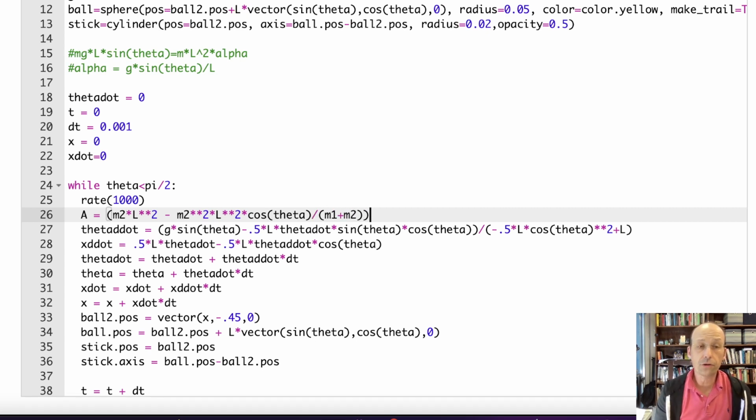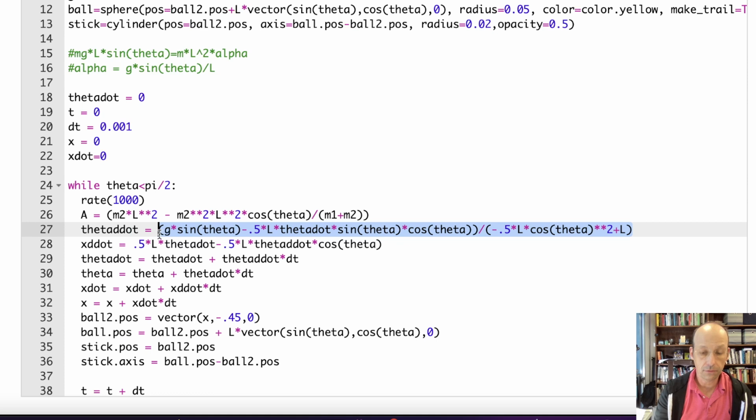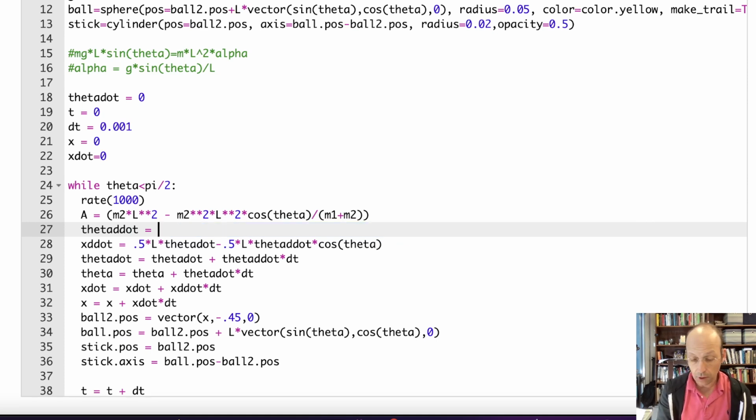So all that, since that whole term is A, now I can type my theta double dot equation. I'm just going to delete this because I don't want to make a mistake. So it's going to be equal to parentheses M2 times G times L times sine theta, minus M2 squared times L squared times theta dot squared times cosine theta times sine theta, all of that divided by M1 plus M2.